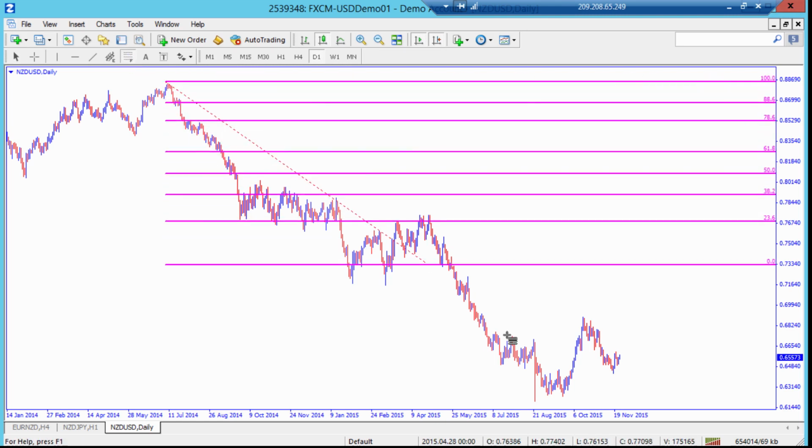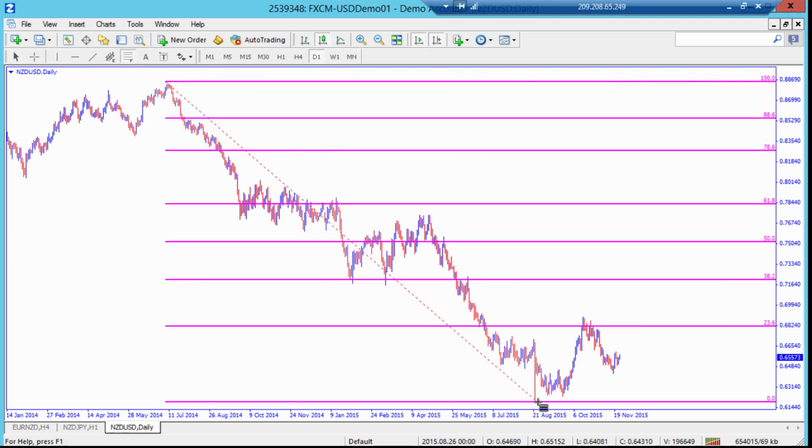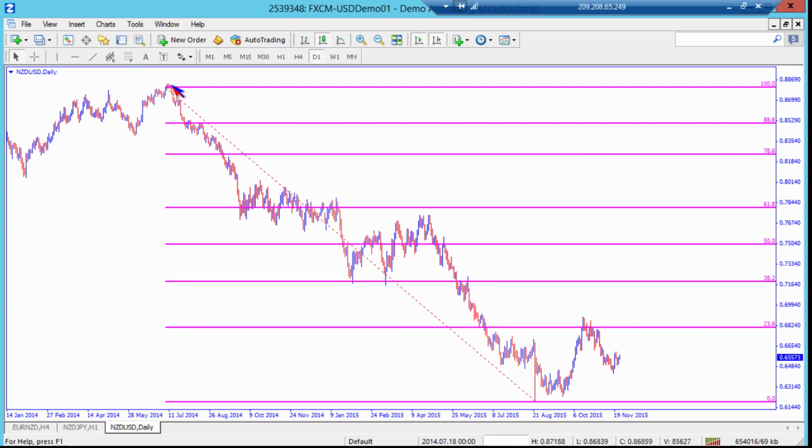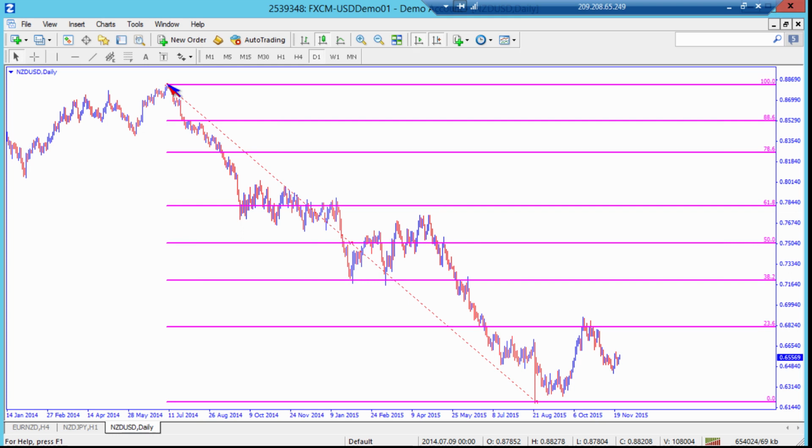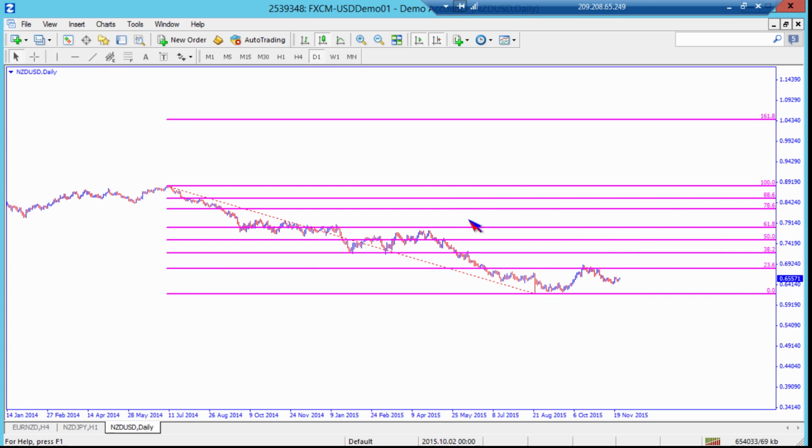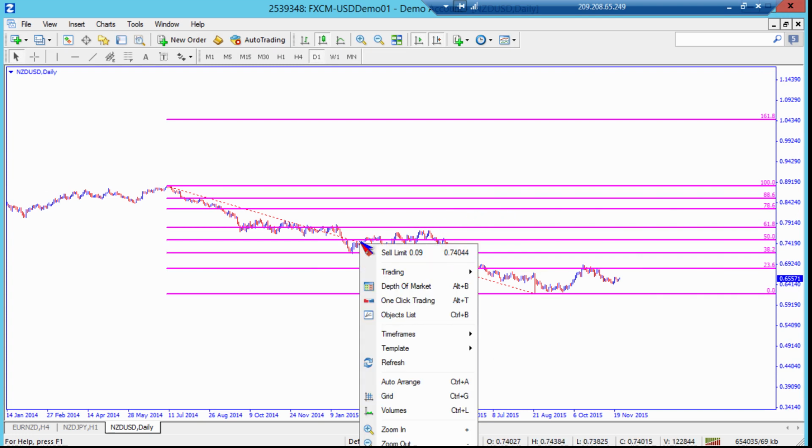Highest to lowest. That's how you draw Fibonacci, highest to lowest. Let's do some examples.